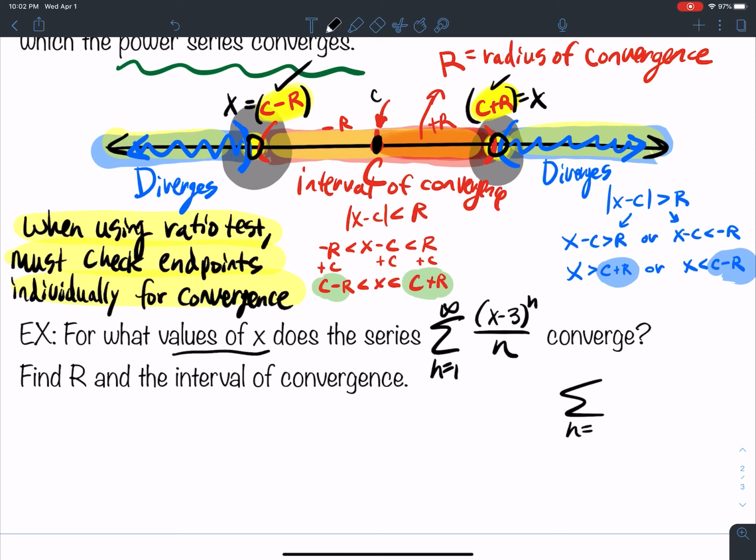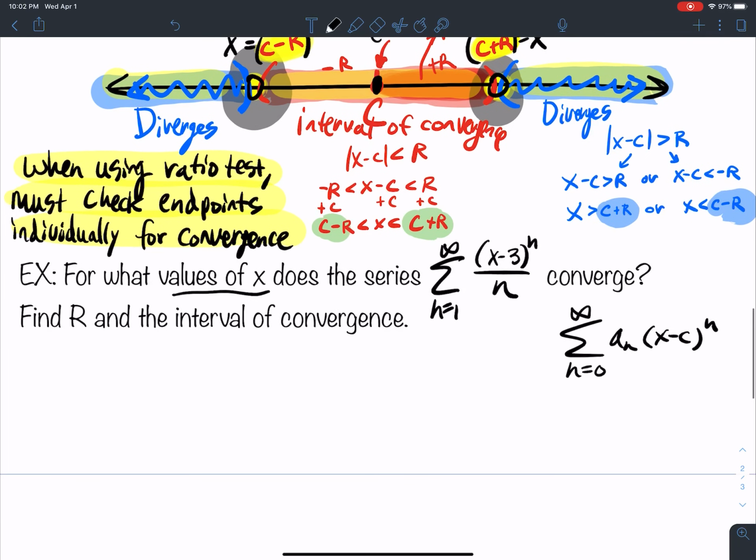So can I even use the power series here? n equals 0 to infinity of a_n times (x minus c) to the n. Now, this looks like, okay, it starts at 1, so that's kind of throwing me off. But look, this part right here matches this part right here. My c here is 3. Okay, so we're centered at 3.